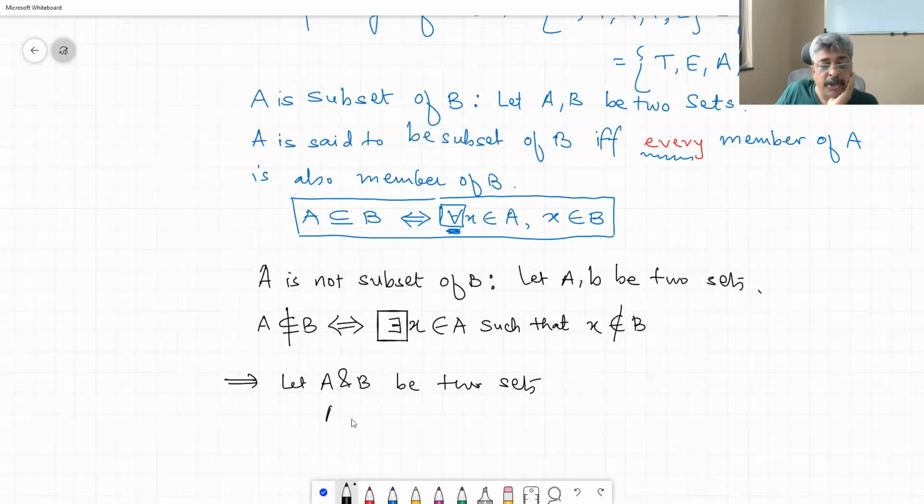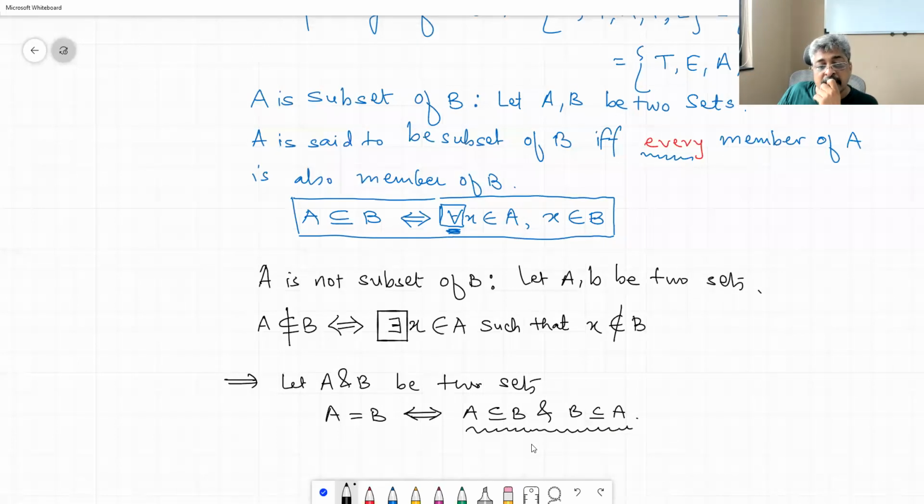A equals B if and only if A is a subset of B and B is a subset of A. If this happens, this is very important, then you can say set A and set B are equal.